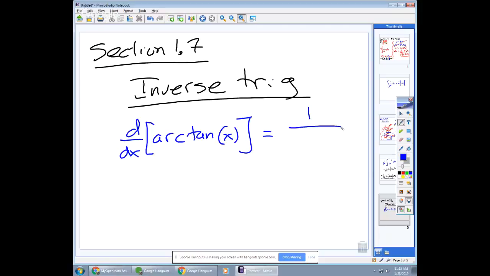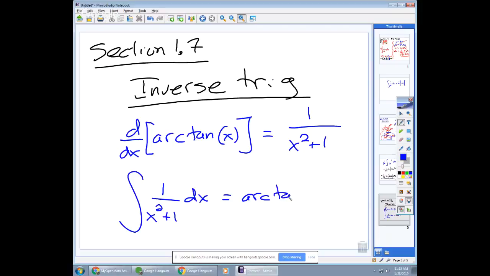Yes. That's the derivative of the arctangent. The antiderivative of 1 over x squared plus 1 must be arctangent. So the integral of 1 over x squared plus 1 dx is equal to the arctangent of x plus some constant.